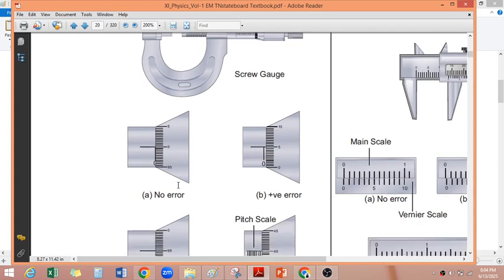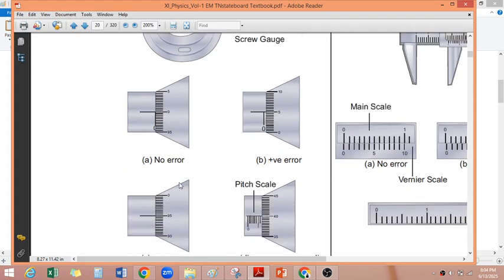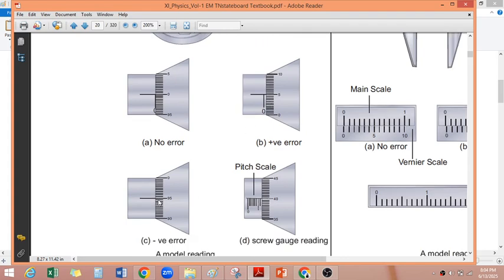But sometimes it will not match perfectly with this zero. So you see 5 here, 0 has gone to the bottom, so 5 has come here, so this is a positive error. Whereas in this one, 0 has gone to the top, so this is a negative error.